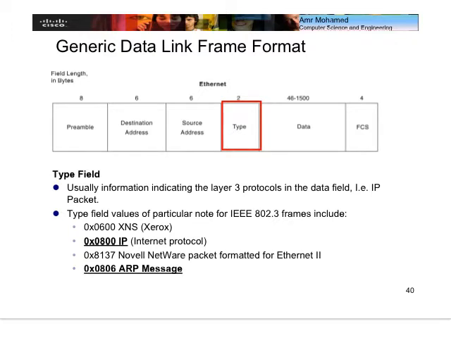As we said before, all the protocols in the upper layer will be running as a service or as embedded software running on the router. So I need to know which one I should deliver it to. From the data link layer perspective, when I send it to the network layer, should I send it to IP? Similar to when we talked about IP, we said that IP should figure out, when it sends to the transport layer, which protocol it should send it to.